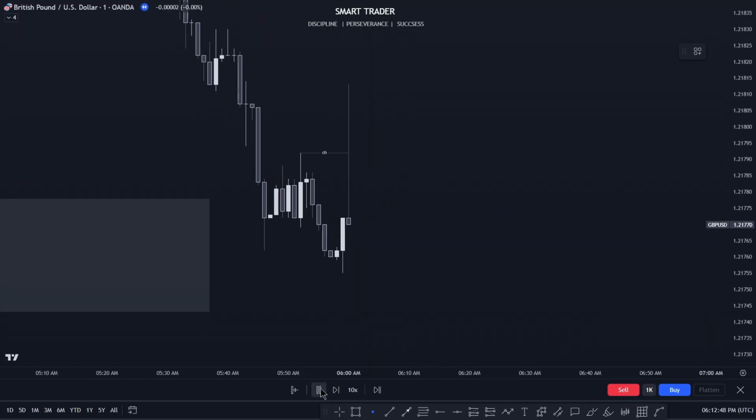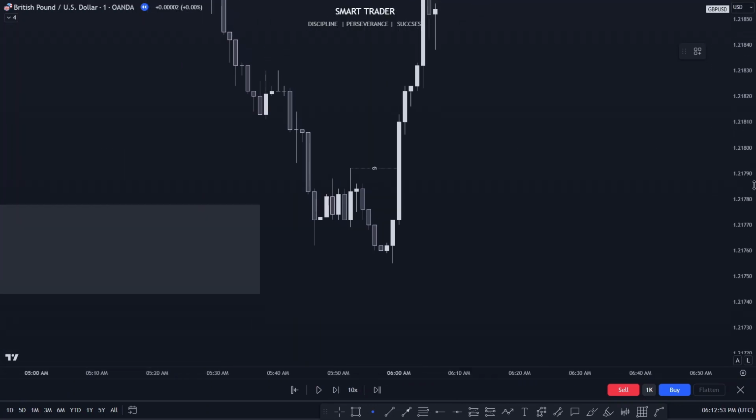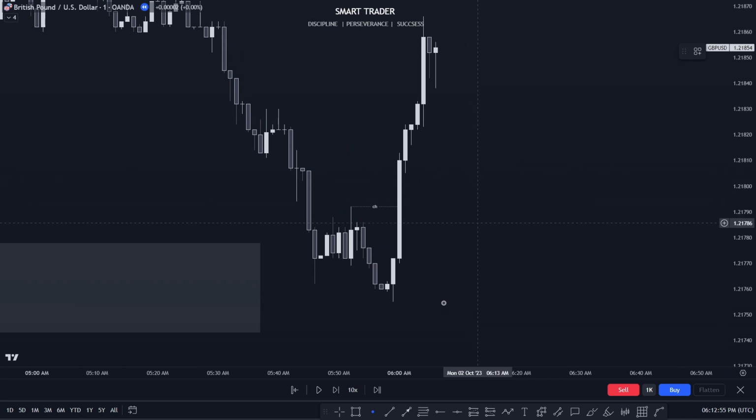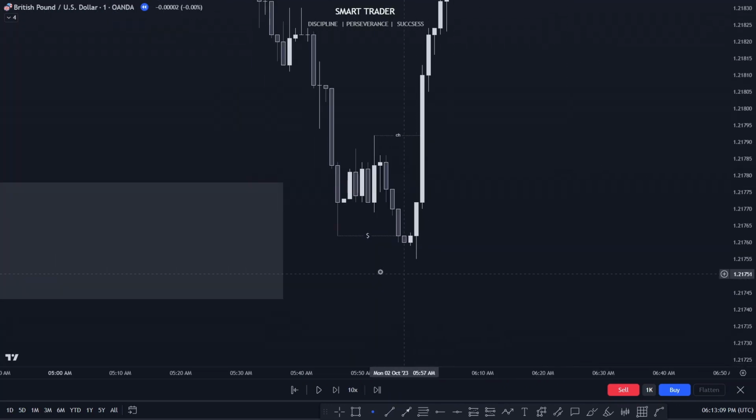Okay, so now we see that the market has completely broken it, and a very important thing that you have to keep in mind is that you have to check if the market has cleared any liquidity. It can help you to determine if you will need an inducement before entry or not. We see here that the market has cleared this liquidity, which is right here.